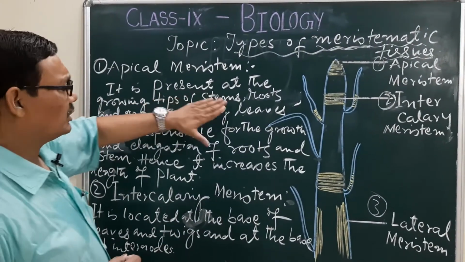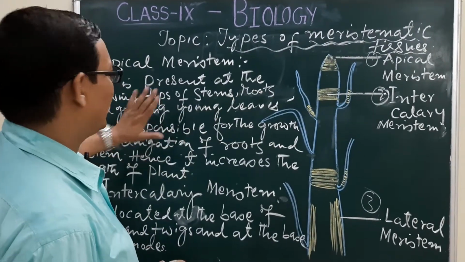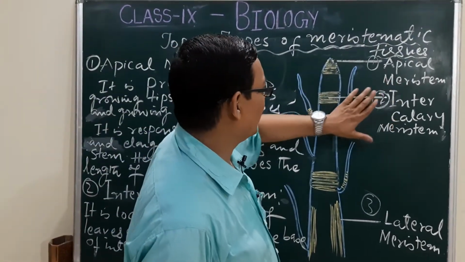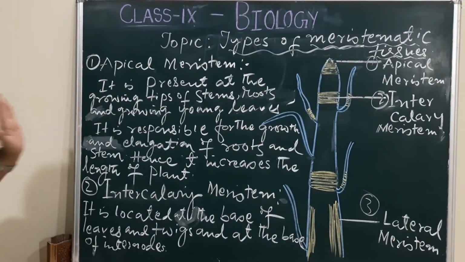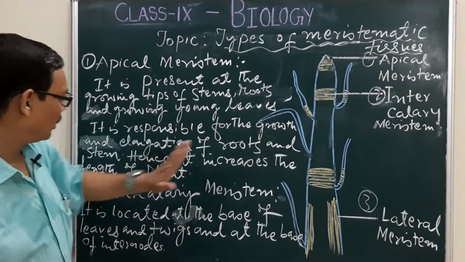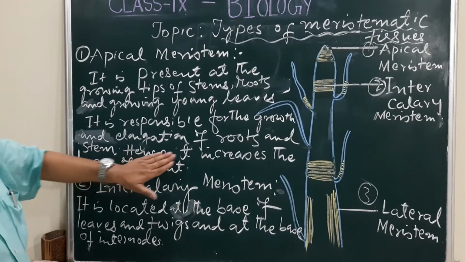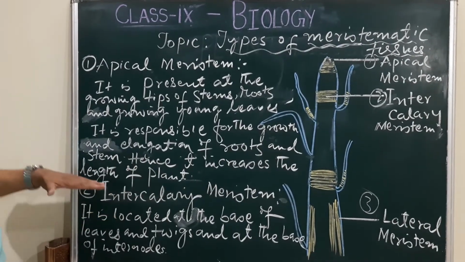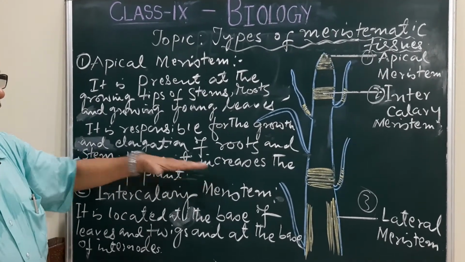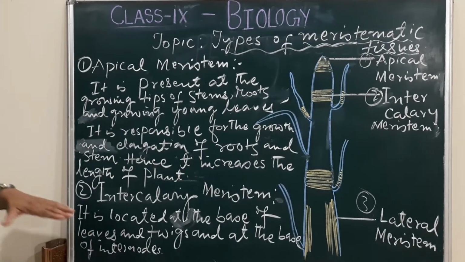Similarly, not only in the stem region but also in the roots and growing young leaves, such type of tissue is present. It is responsible for the growth and elongation of roots and stem, hence it increases the length of the plant. It is mainly related with the elongation of the plant part.